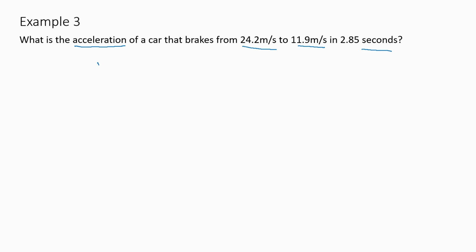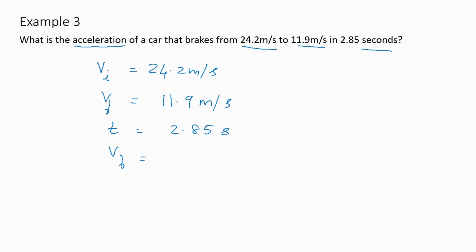V initial is 24.2 meter per second. V final is 11.9 meter per second, and t is equal to 2.85 seconds, and the kinematic equation that connects these variables along with acceleration is V final is equal to V initial plus A times t.